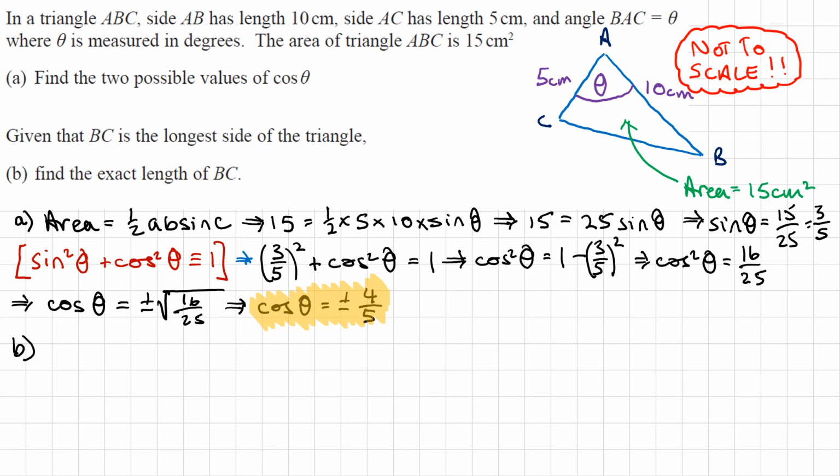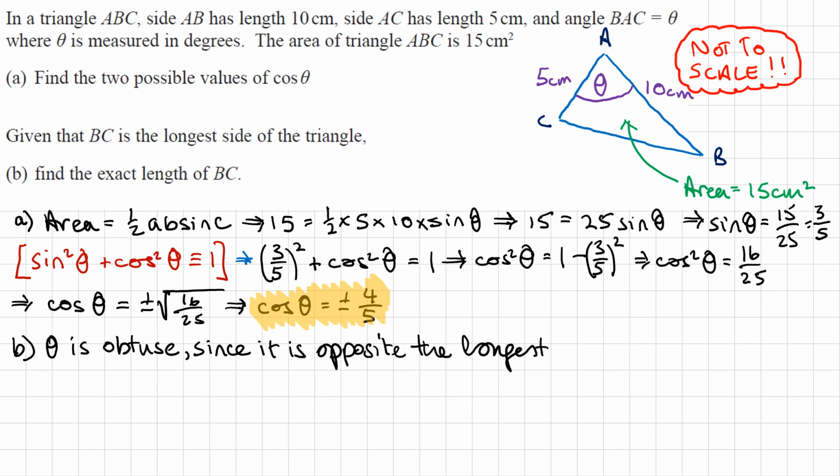Right, so I know straight away, let's write down that theta is obtuse. Don't need to write this down really, since it is opposite the longest side. This is optional here. This is just to help you see what's going on.